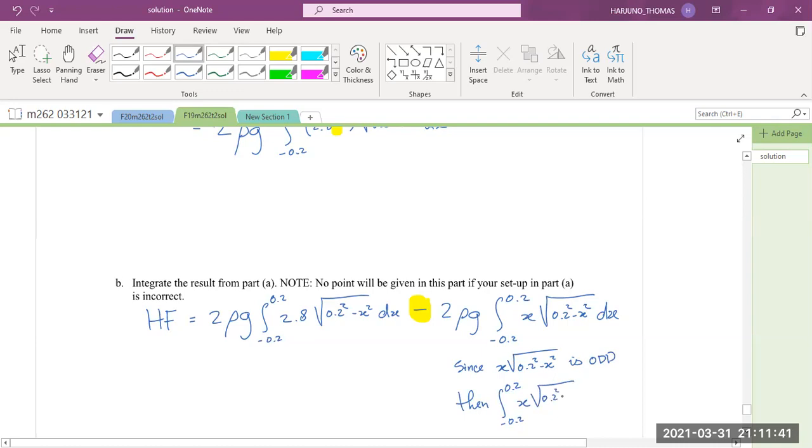The integral of an odd integrand over a symmetric domain is 0, right?